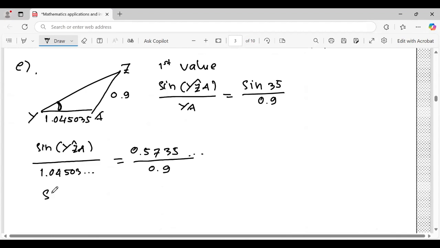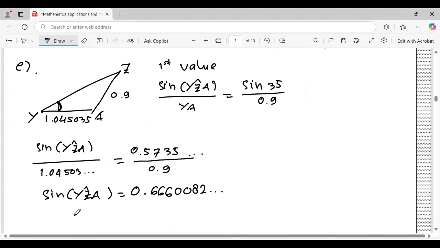So sine YZA equals this number multiplied by this fraction, I mean, and the result is 0.6660082, so on.